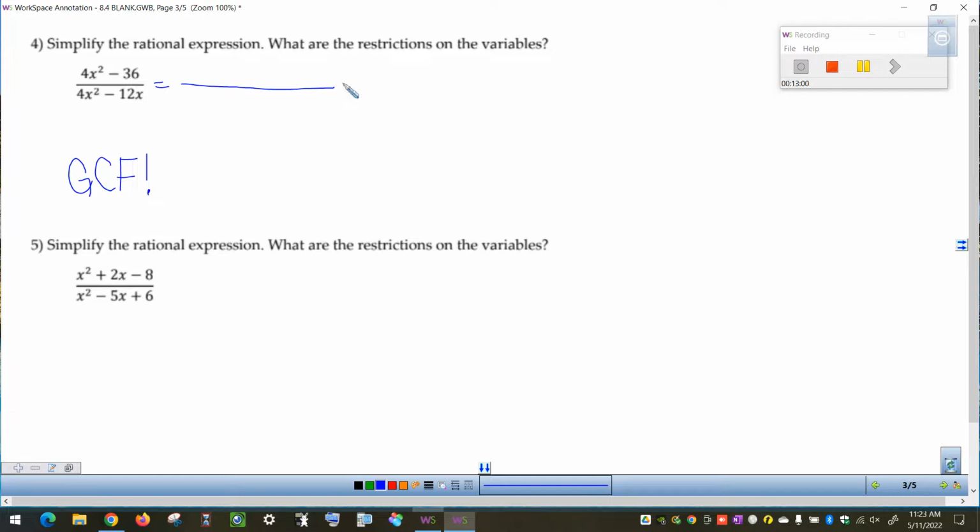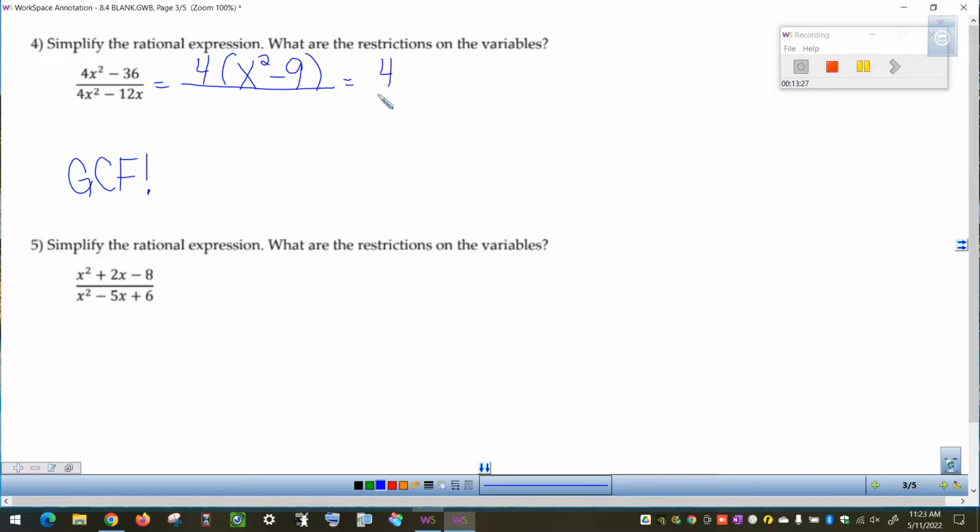If we look at the 4x squared minus 36, notice how both the 4 and the 36 can be divided by 4. And so that would be a greatest common factor that we can take out and put on the very front of our parentheses here. Now, when we divide a 4 out of each one, it's going to leave us with x squared minus 9 in the parentheses.